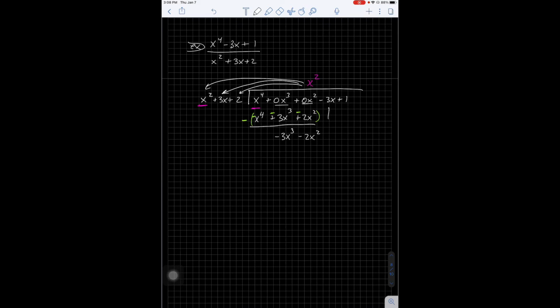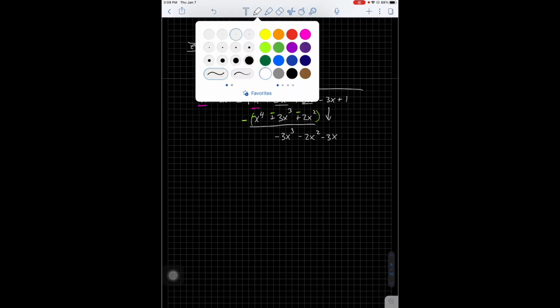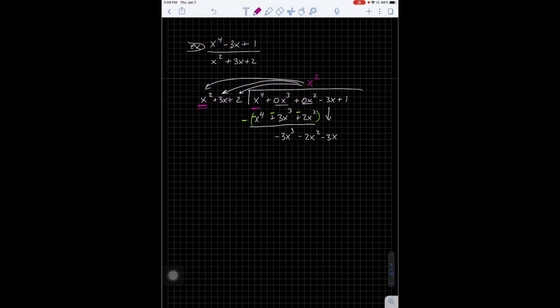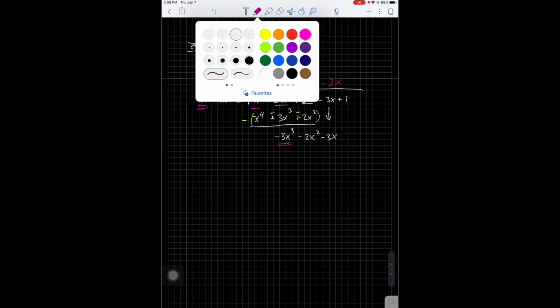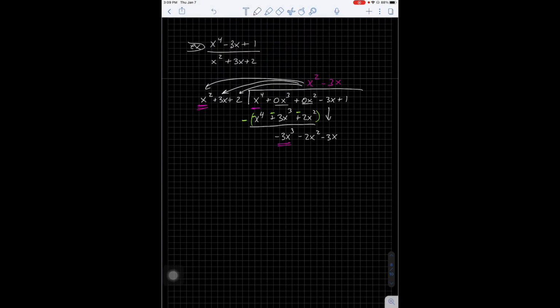Then I'm going to take my next term and drop it down, and I'm going to do the process again. What do I multiply by x squared to get negative 3x cubed? Well, I need a negative 3 and I need another x. And that's going to get those to match. Now I take this negative 3x and multiply it by all three of these.